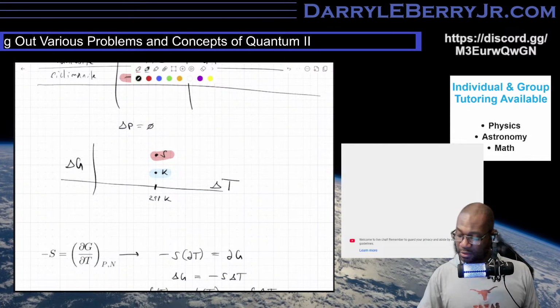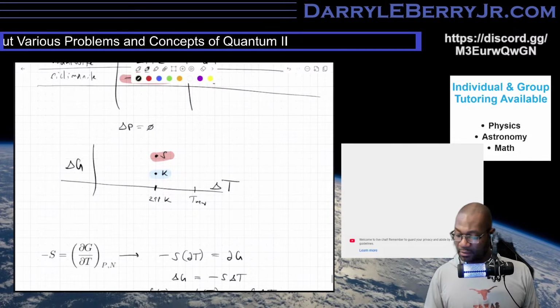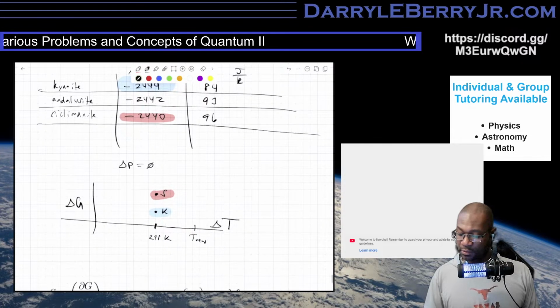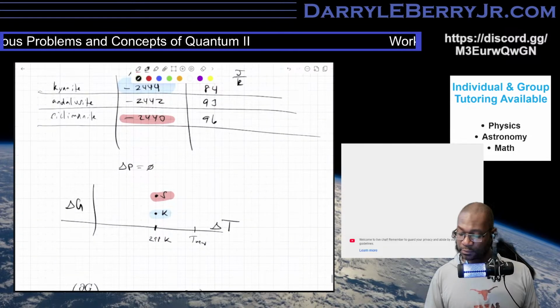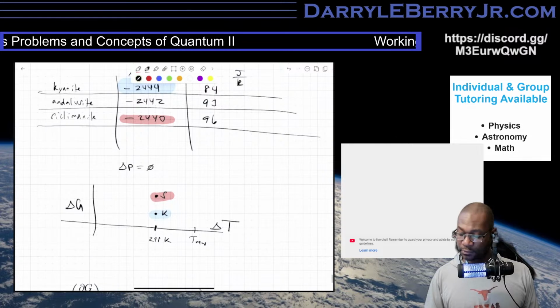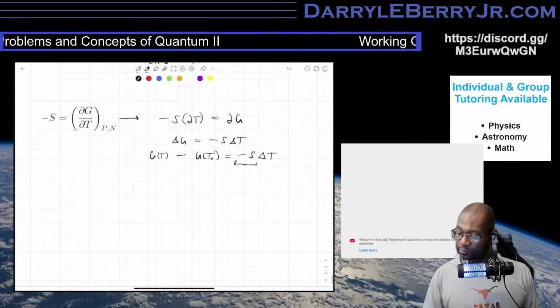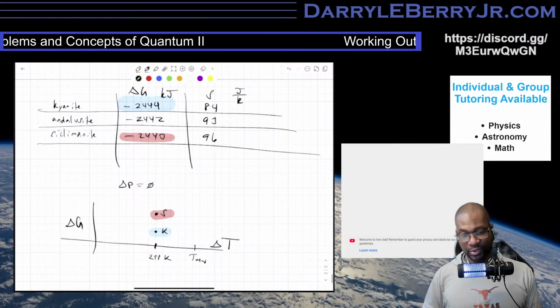So that's T naught. This is T new. And it still seems to me that the slope should be going up.